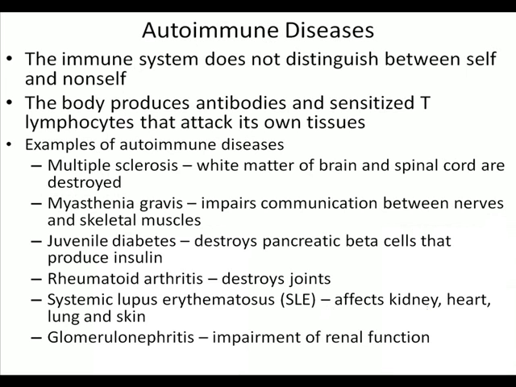I said that originally when the lymphocytes, the T and B cells, are educated, part of their education is making sure that they don't attack cells that are in your own body, that they only attack foreign types of antigens.